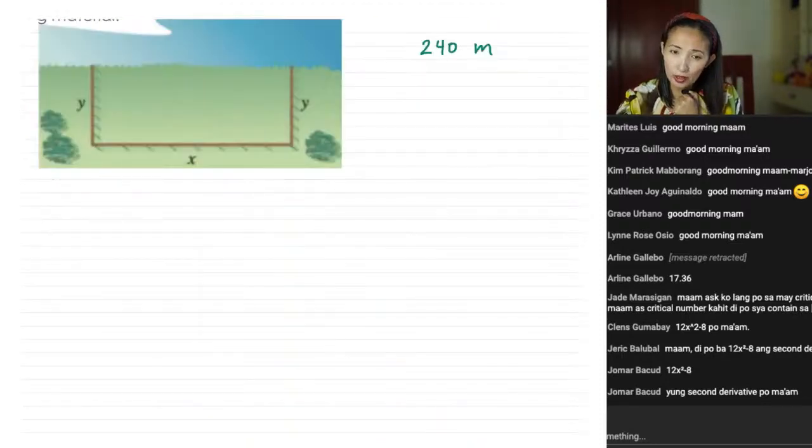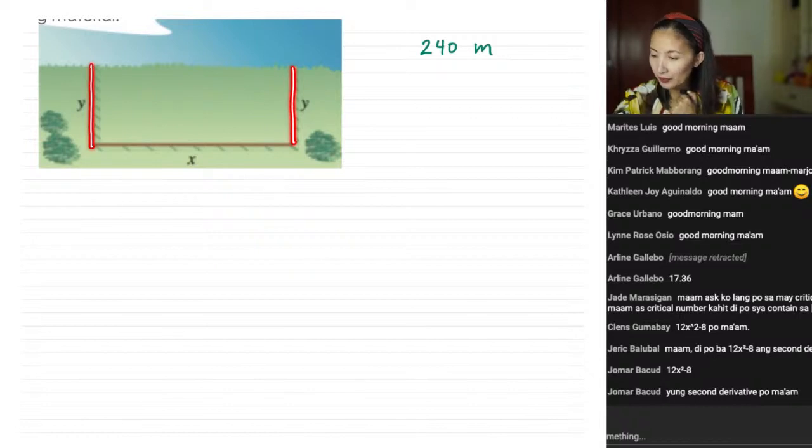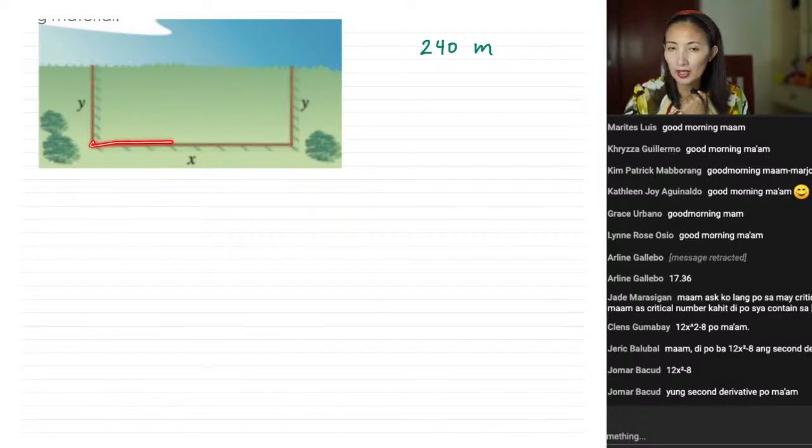Let this be y. Since it is a rectangle, this side should be equal, so if this is y, then the other should be y. And let this be x. So the length is x and the width is y.